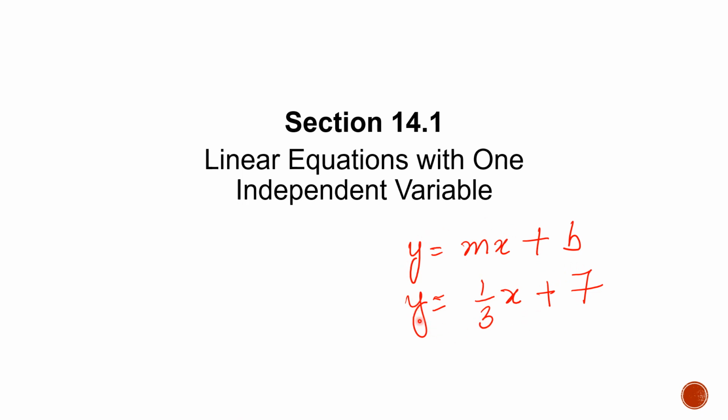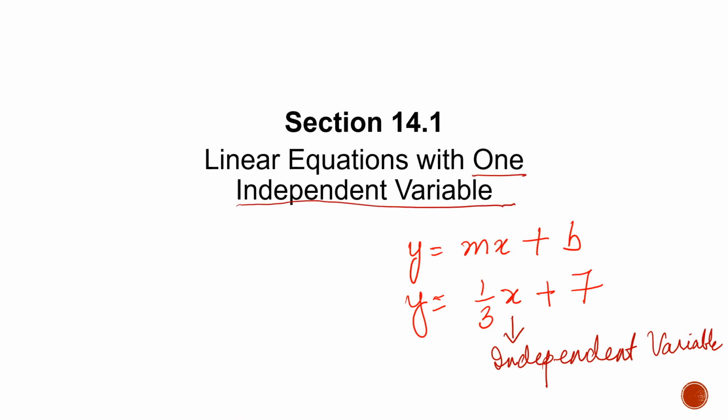All right? Now, in that case, x, where we can plug in any real number, produces a y value. In this case, the x value is called an independent variable because we can plug in any real number for x. We are going to have one independent variable in the equations that we are going to study. y equals mx plus b is an example of one independent variable.